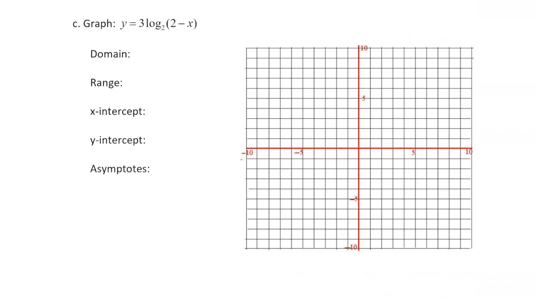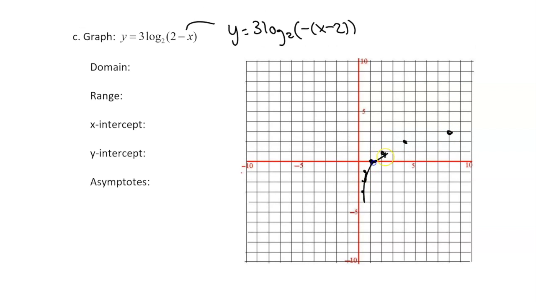Okay, I'm looking at this and I see that 2 minus x and it looks backwards. So let's factor this out. And you could say y equals 3 log base 2 of -x subtract 2. And like any first thing to do, we need to put it into its basic form and graph y equals log base 2 of x.